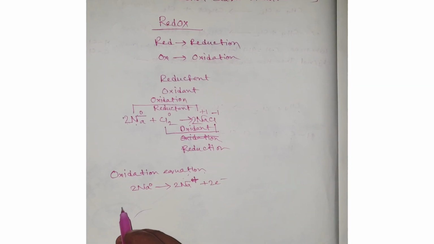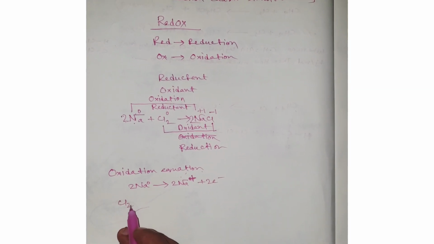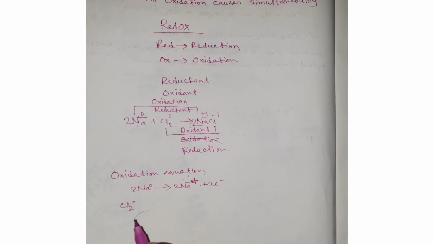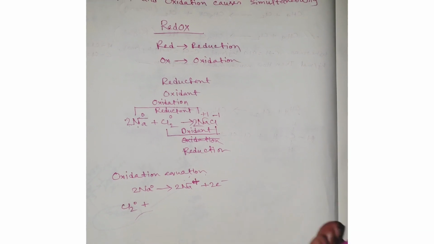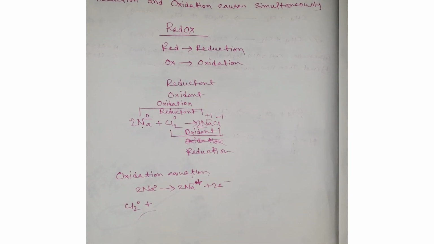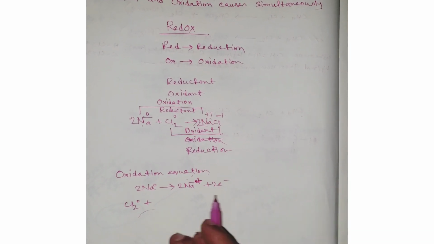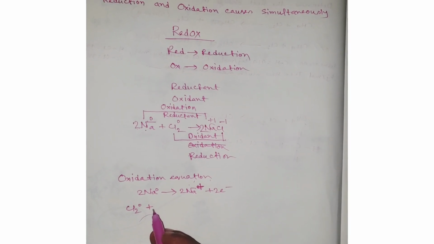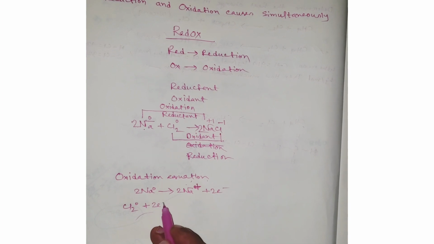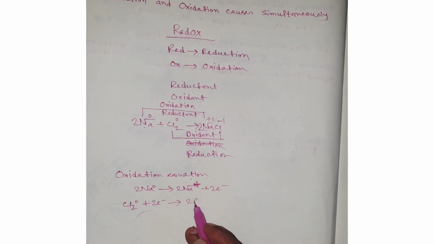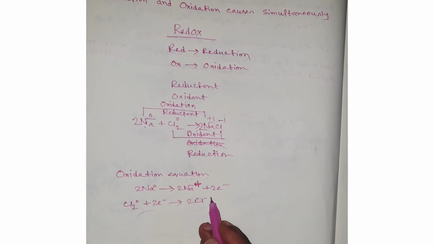These 2 electrons will be attached to chlorine. The 2 chlorine atoms were 0 in charge, but after the donation from sodium, these 2 electrons will be added to chlorine, completing its octet. Then chlorine will be a 2 negative ion.